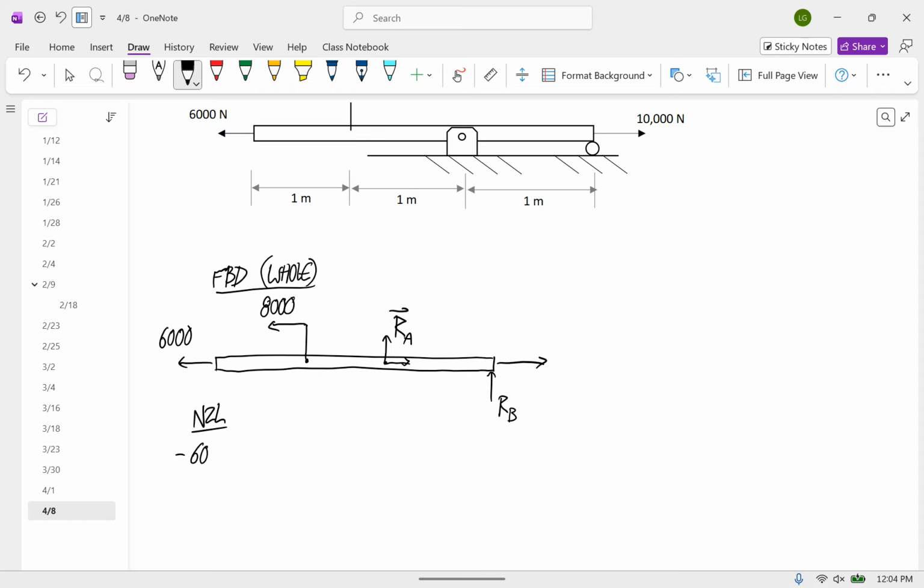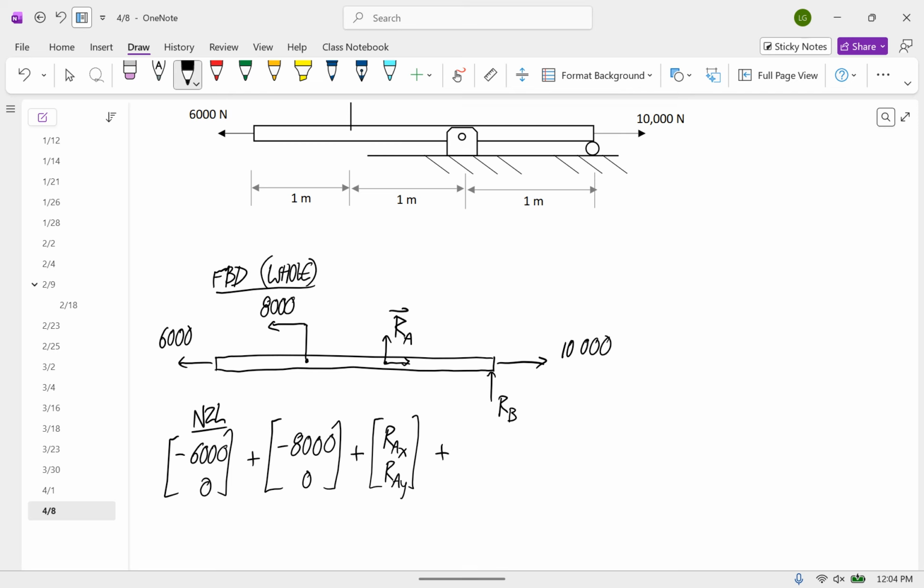So negative 6,000, 0, plus negative 8,000, 0, plus RAX, RAY, plus 10,000, 0, plus 0, RB, plus 10,000, 0 is equal to zeros.